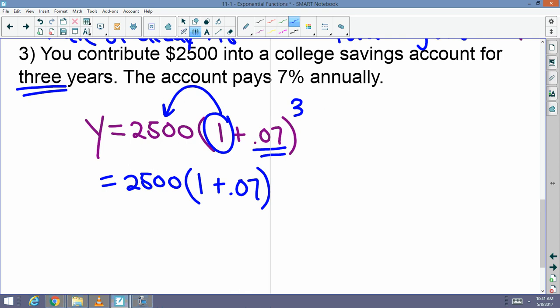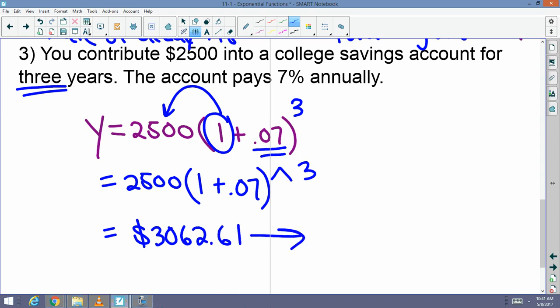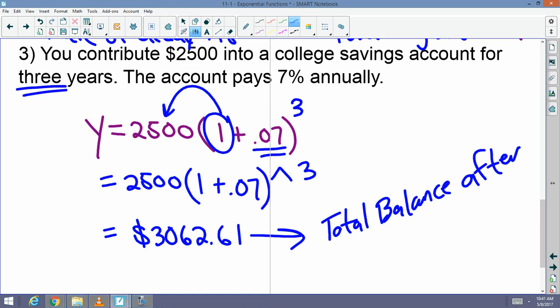On the calculator, there's a little button that raises to any power you want. Put a 3 as your exponent, and the answer you should have is $3,062.61. That is your total balance after 3 years.